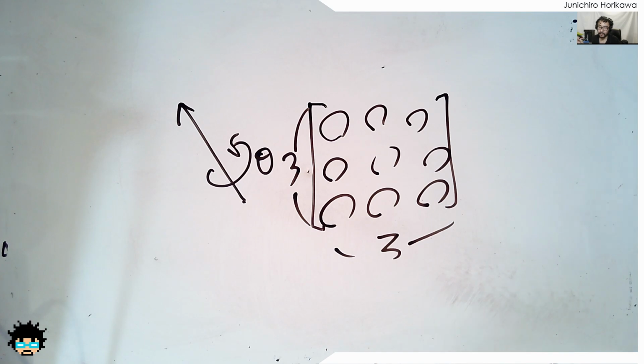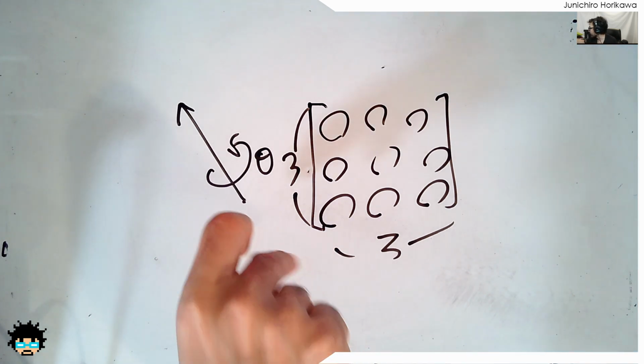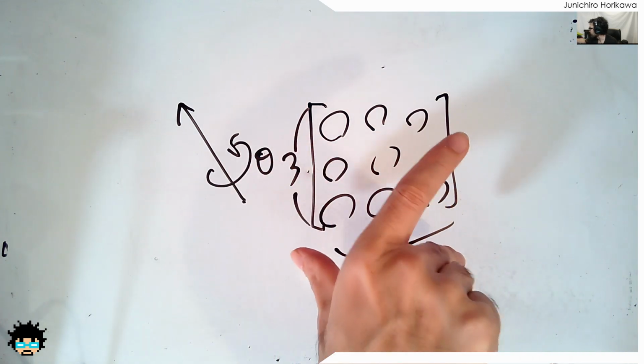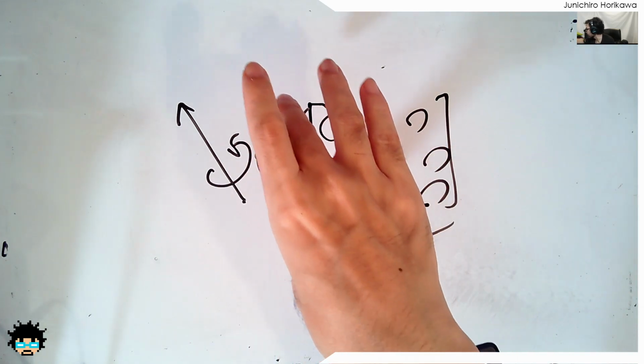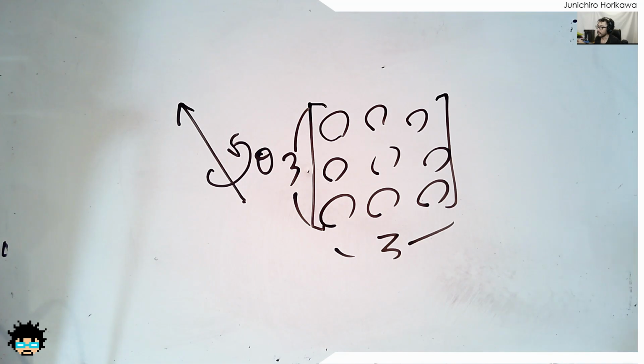You can check that out on Wikipedia or any other page that explains the details about matrix rotation. But for now, remember that the rotational matrix can be expressed in a 3 by 3 matrix.